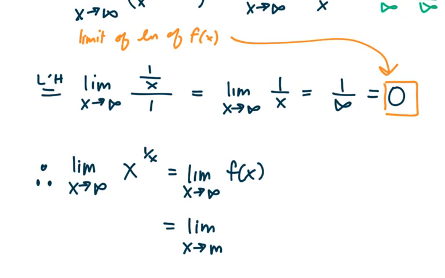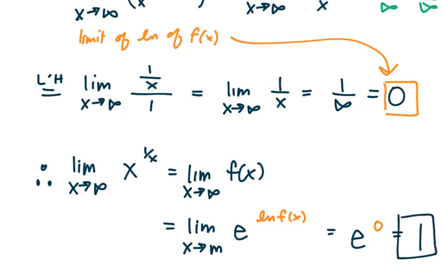We took the natural log. So e to the natural log of the function, which in this case we've got e to the 0th, because that was my limit. That was my e to the L. And e to the 0th power is 1. So 1 is the ultimate answer here.